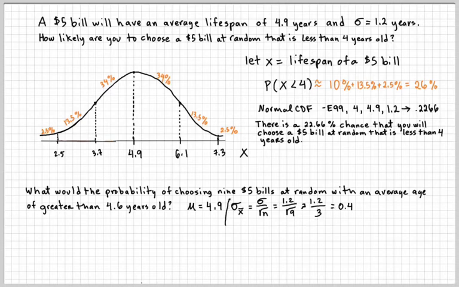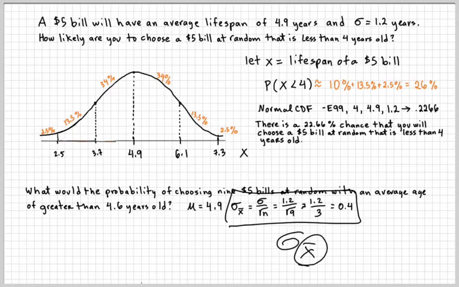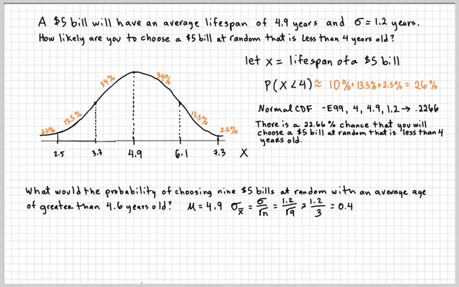And after the video, I might talk a little bit about why. But we have a new formula, sigma x bar. This x bar tells me it's the standard deviation of these 9, the true standard deviation of 9. And in this word problem, we will assume that it's 1.2.